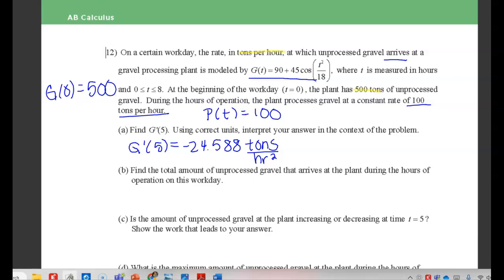So using correct units, interpret your answer in the context of the problem. Interpreting my answer in the context of the problem means I need to write a sentence about what that means.